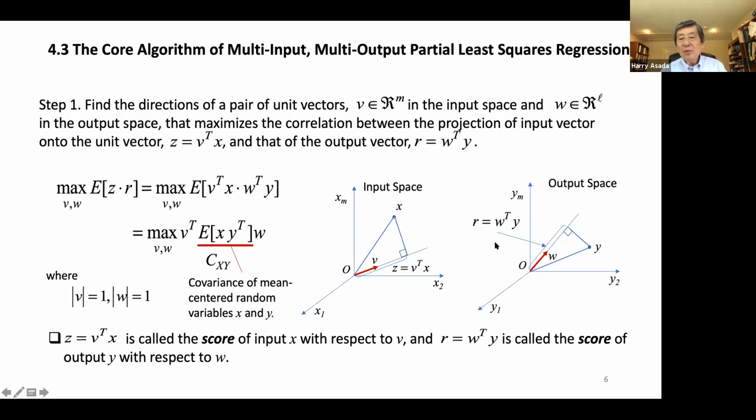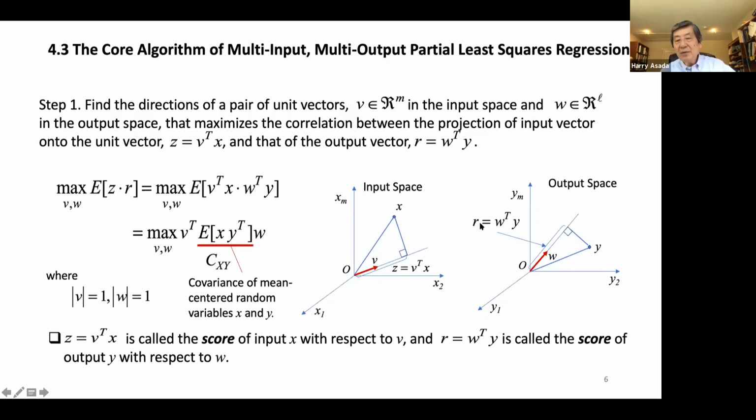Okay, and we do the same for the output space. Now consider unit vector W, and the projection of y, which is now not a scalar but a vectorial quantity, right? So y is projected onto this line, and this is the length from here to here.